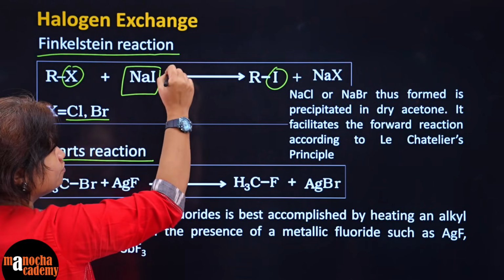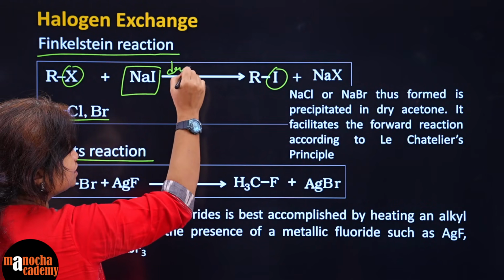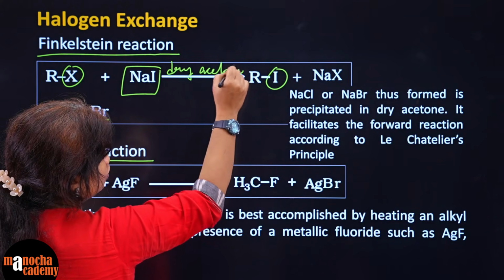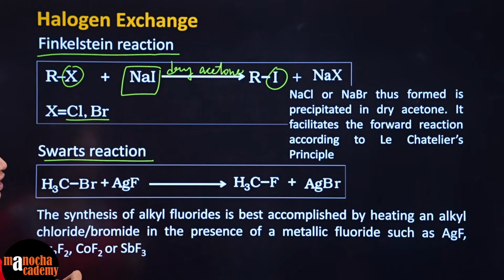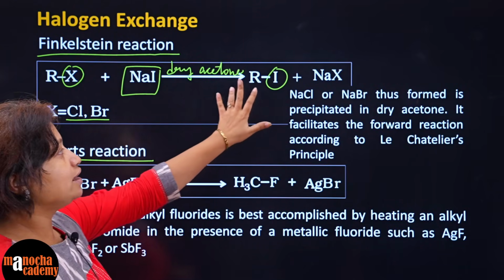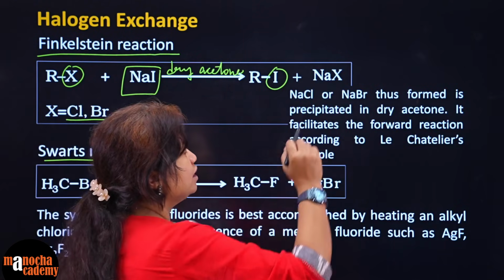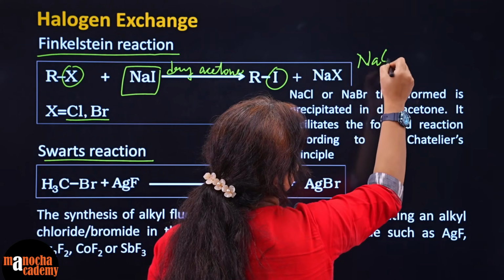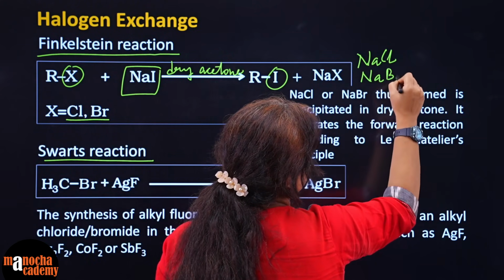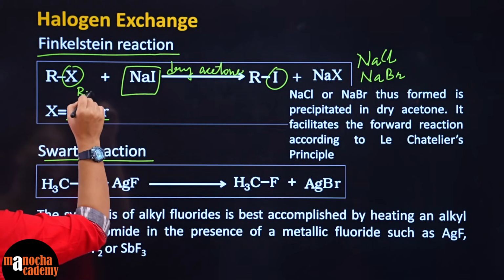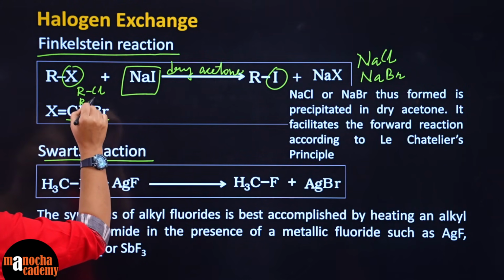One thing which is not mentioned is that you have to add dry acetone as the solvent. Dry acetone is the solvent, and what you get is alkyl iodide plus NaCl or NaBr, depending on whether you are using RCl or RBr.